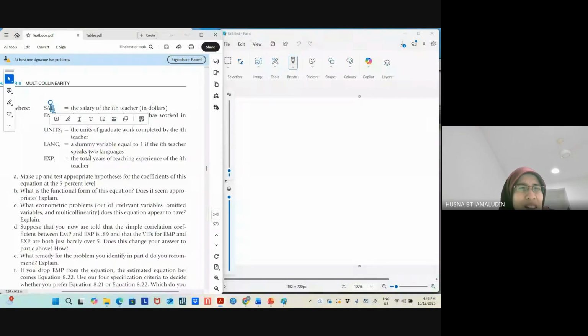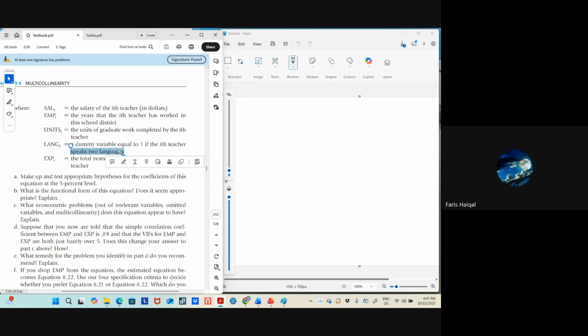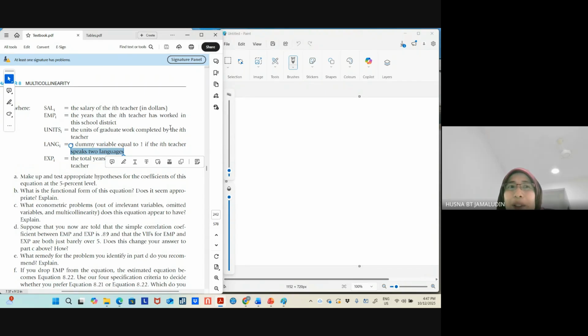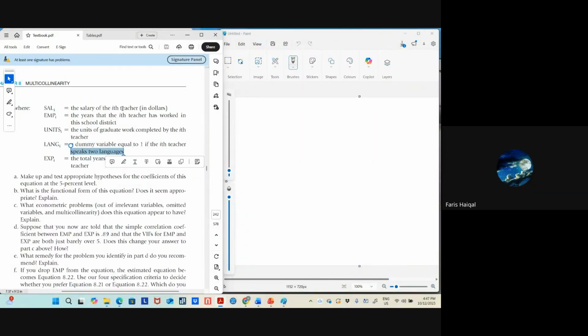Languages. Do you think that speaking two languages has an impact on the salary of the teacher? Yes, how? If you can go and teach another subject in another language. We are talking about school teachers, not university.